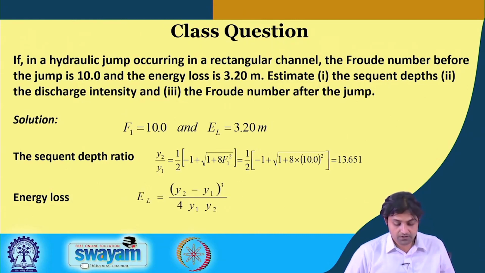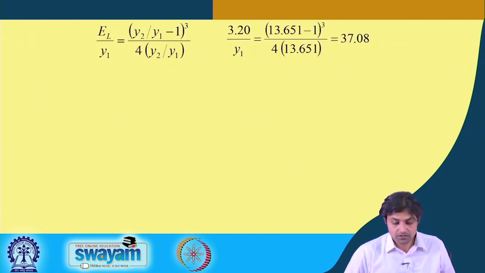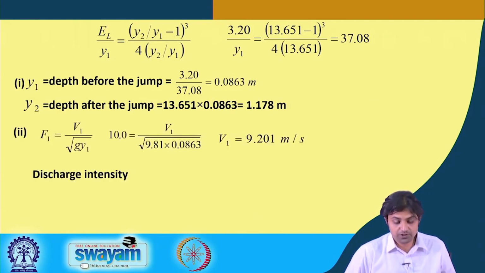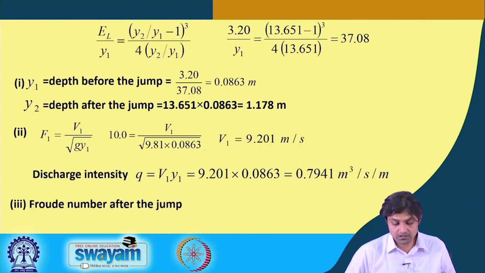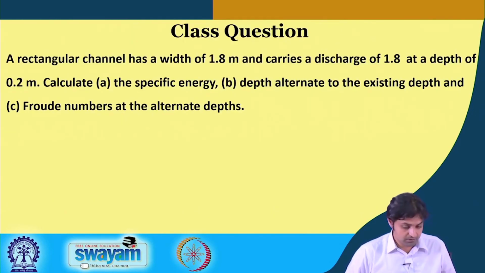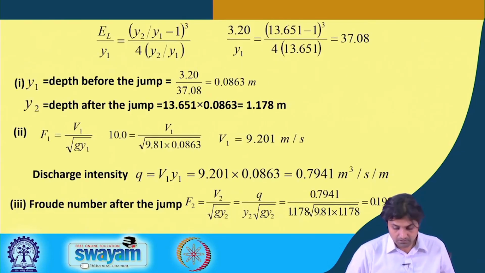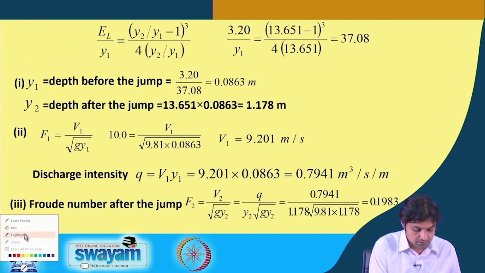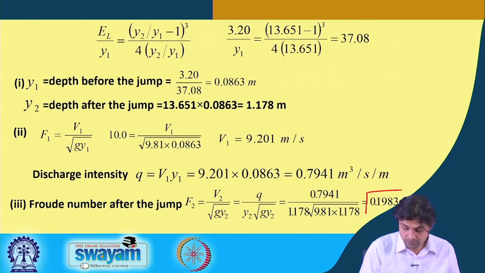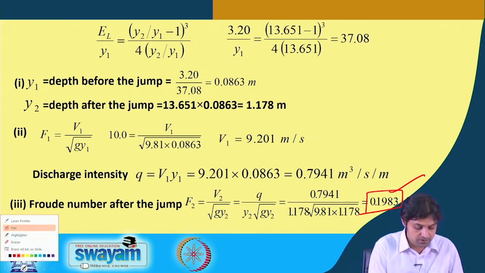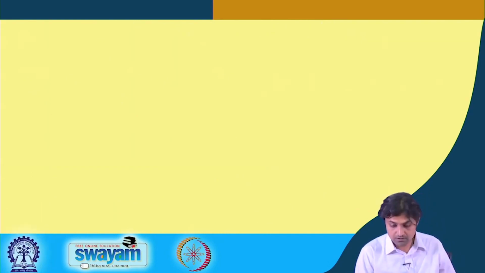So, energy loss using this one. So, after the jump, Froude number is 9.2, discharge intensity, Froude number after the jump. All right, same as we did in the whiteboard. All right.